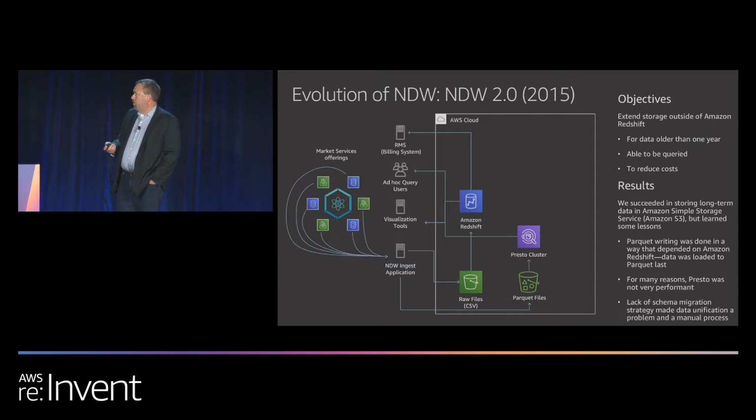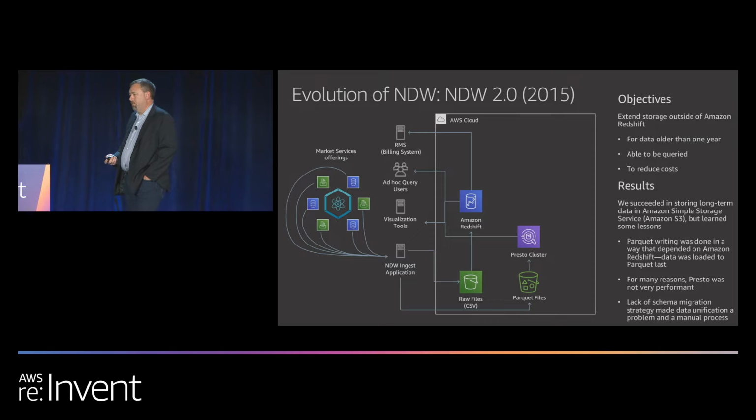The first thing was that our Parquet writing was done after the fact. So we loaded our Redshift database, and then we wrote our Parquet files. And so the Parquet file writing was sort of the second-class citizen in our ingest process. For a wide variety of reasons, our Presto cluster was not really as performant as we wanted it to be, but to be honest, it was hosting data more than a year old, which wasn't as mission critical as the Redshift solution.